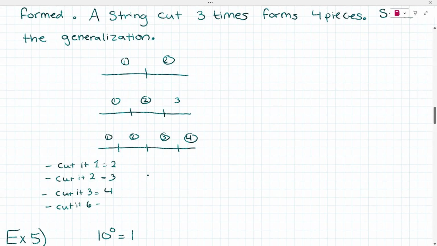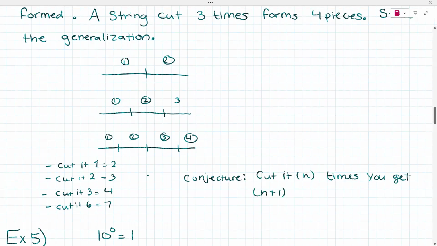Cut it 6 times, you get 7. So basically, if you cut n times, you get n plus 1 pieces. The conjecture is: cut it n times, you get n plus 1 pieces.